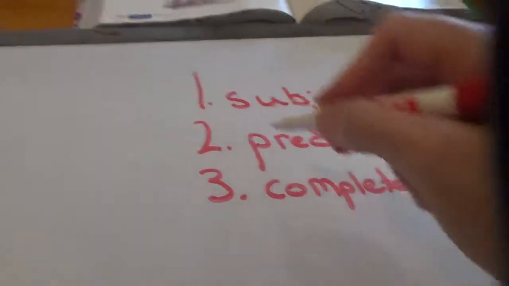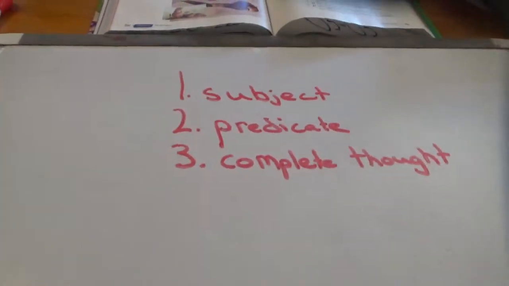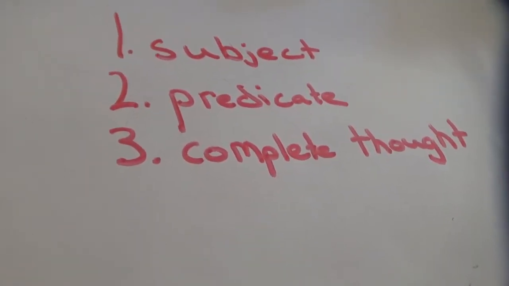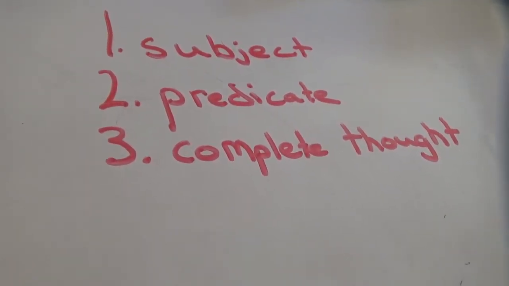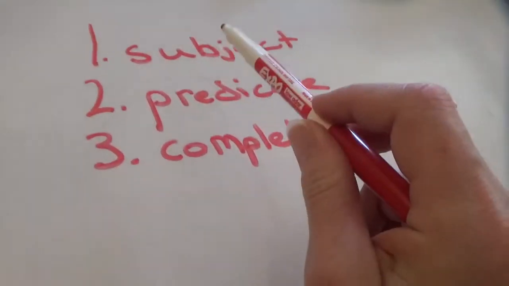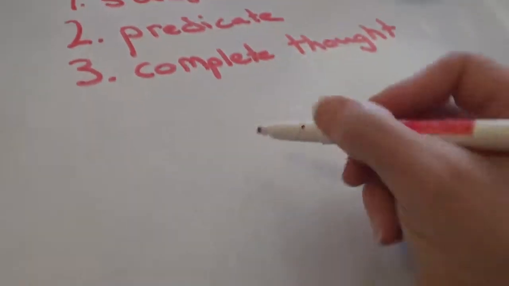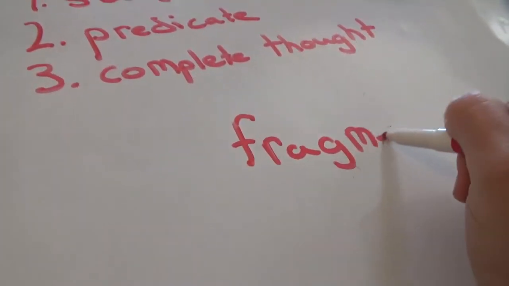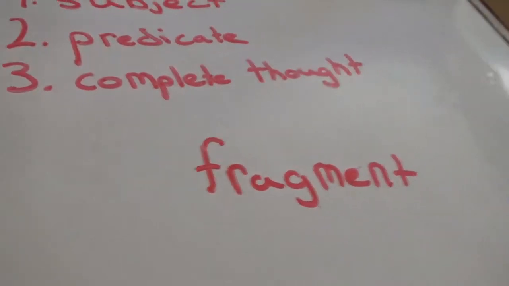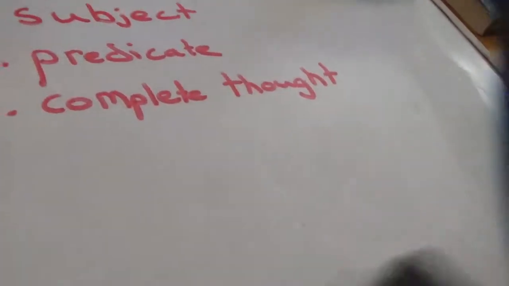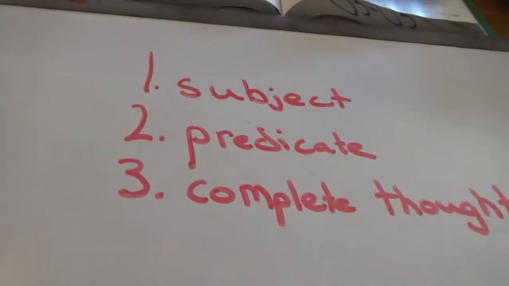It has to satisfy all three of these to be a complete sentence. If it does not satisfy all three, then it is what we call an incomplete sentence or a sentence fragment. Subject, predicate, and a complete thought is what it has to have to be a complete sentence.